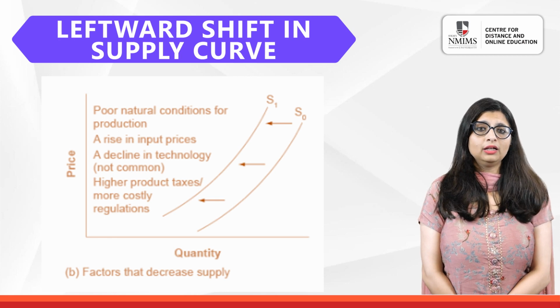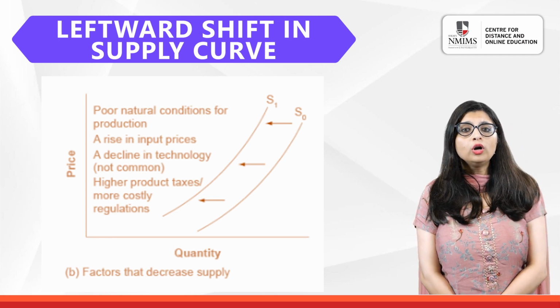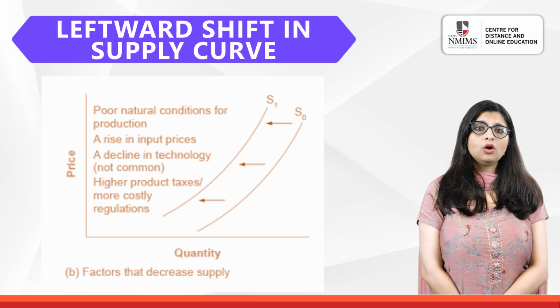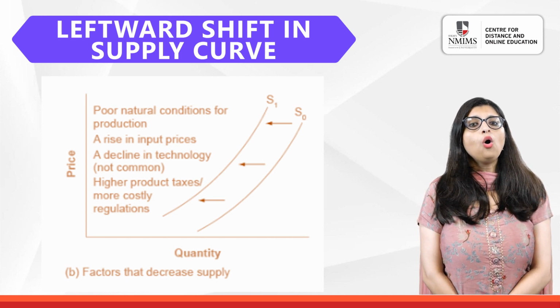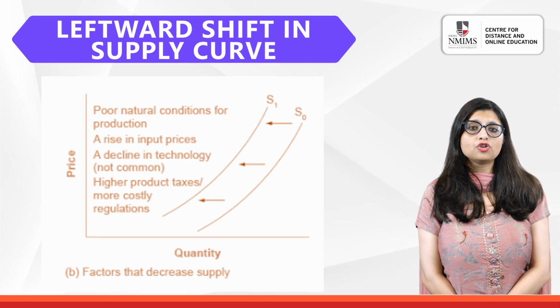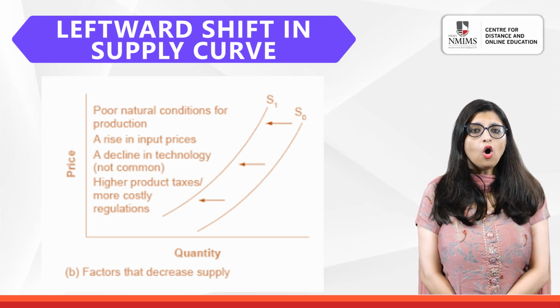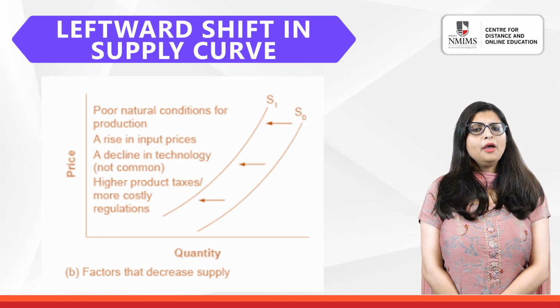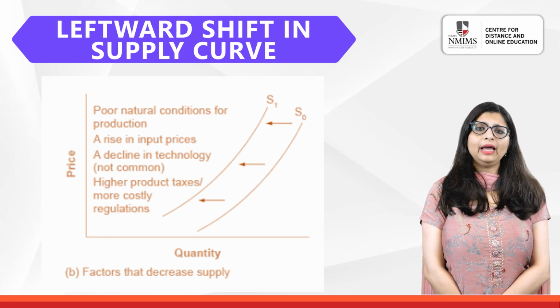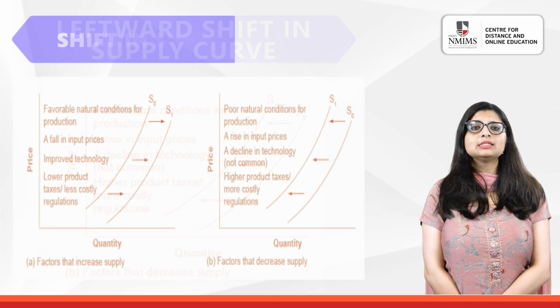Reasons could be any. It could be use of old outdated technology, or an increase in tax rates, or an increase in cost of production, or unfavorable weather conditions. Many factors could lead to a leftward shift in the supply curve.